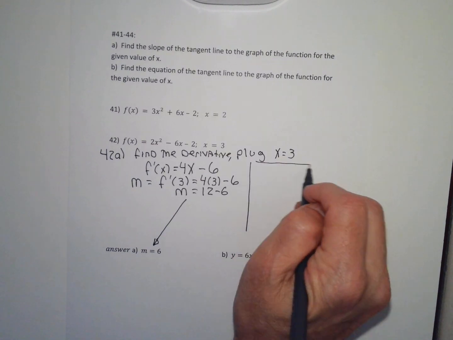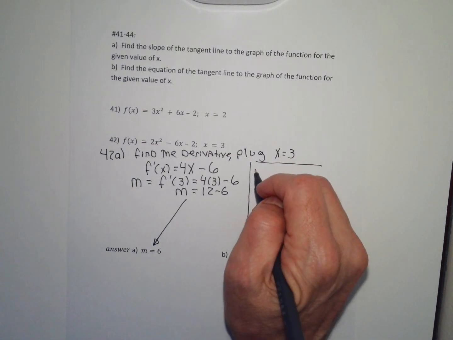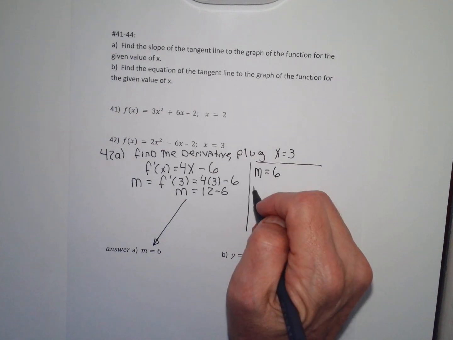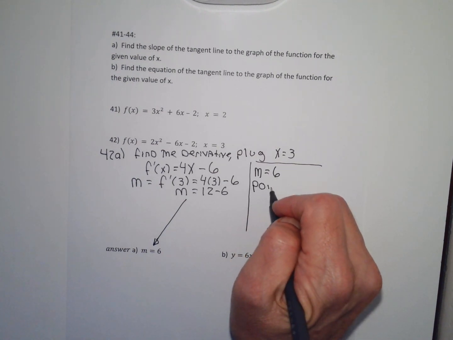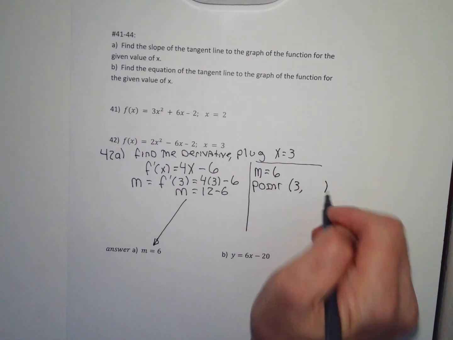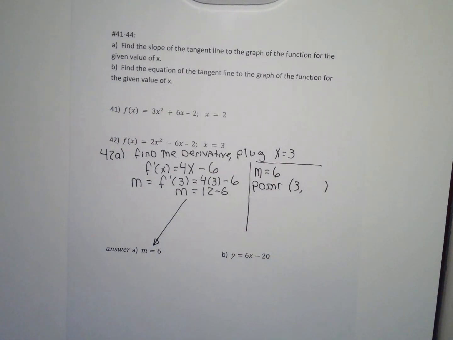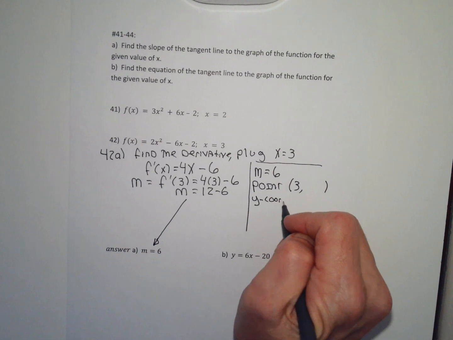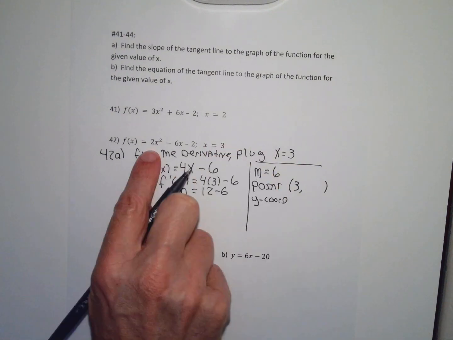For part B, I know a slope, which is 6, and I know part of a point, which is 3 comma something. In order to find the equation of the line, I need to get the y-coordinate of the point. To get the y-coordinate, I'm just going to take the given value and plug it into the original function.